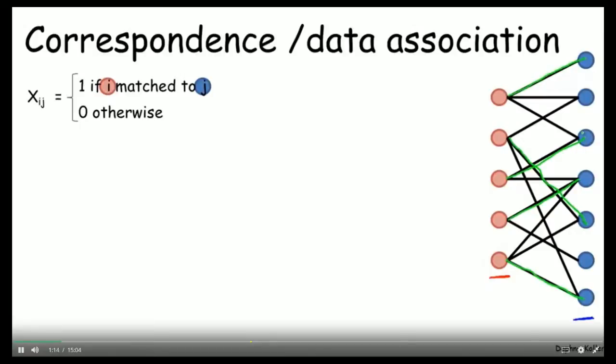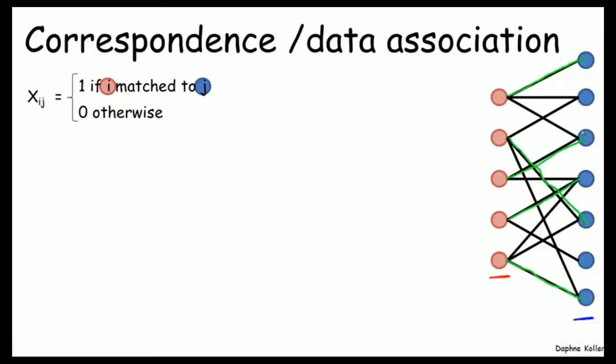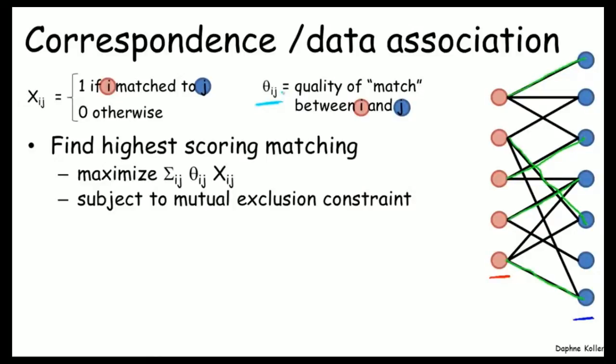So what is the quality of a matching, given the set of possible matchings? How do we select between them? We have in the model a notion of the quality of the match between i and j, which we denote in this case as the parameter theta ij. Our goal in this problem is to find the highest scoring matching, where the score is defined as the sum of the matches multiplied by the quality of their score.